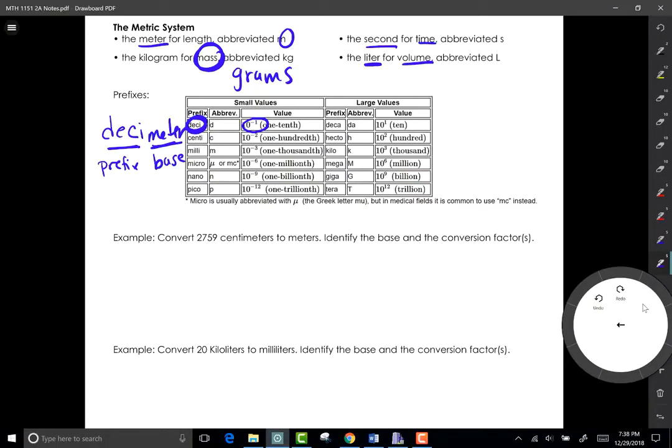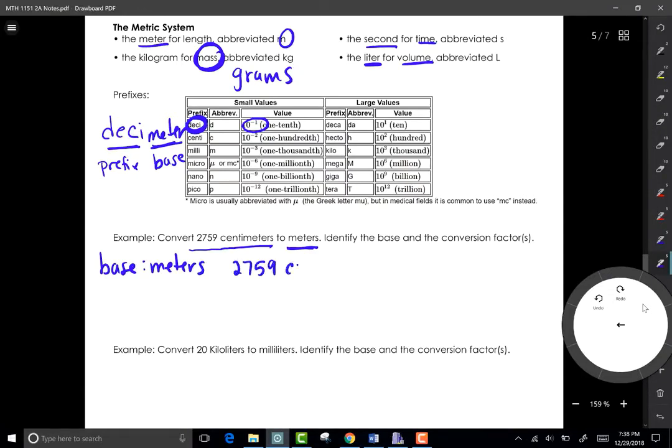The problem says convert 2759 centimeters to meters. Our base is meters, since we're talking about length. We're starting with 2759 centimeters, and I want to change this to meters.